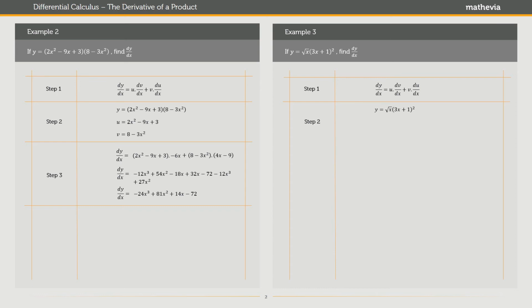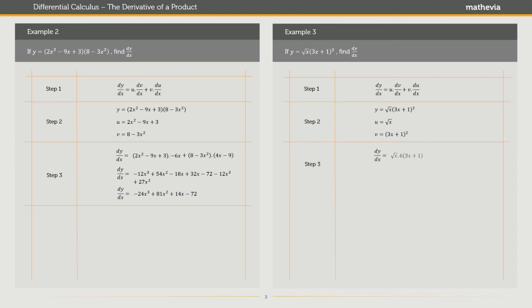So y equals root of x multiplied by 3x plus 1 all squared. u is root of x and v is 3x plus 1 all squared. If you look closely, you'd realize that v is actually a function of a function. So we have a function of a function in a product. Very interesting. So how do we go about doing this?